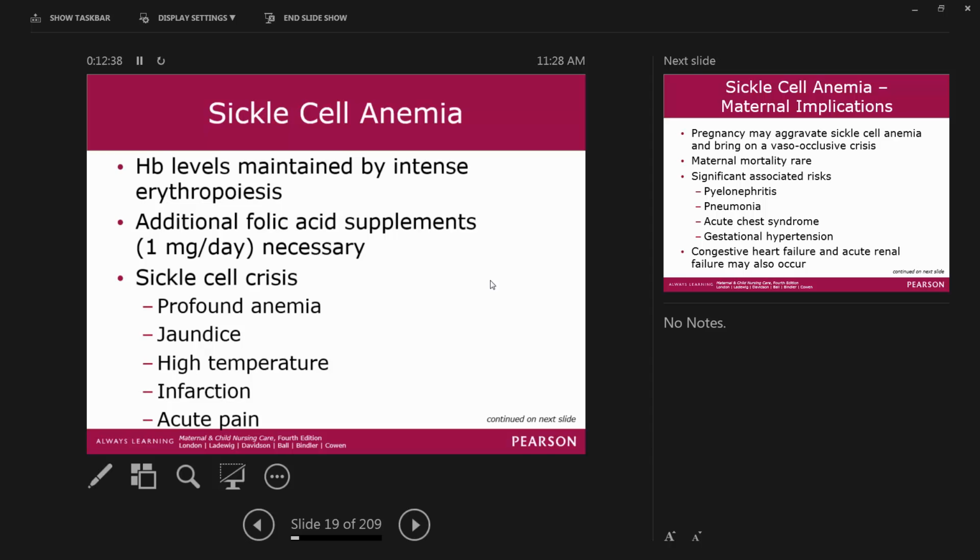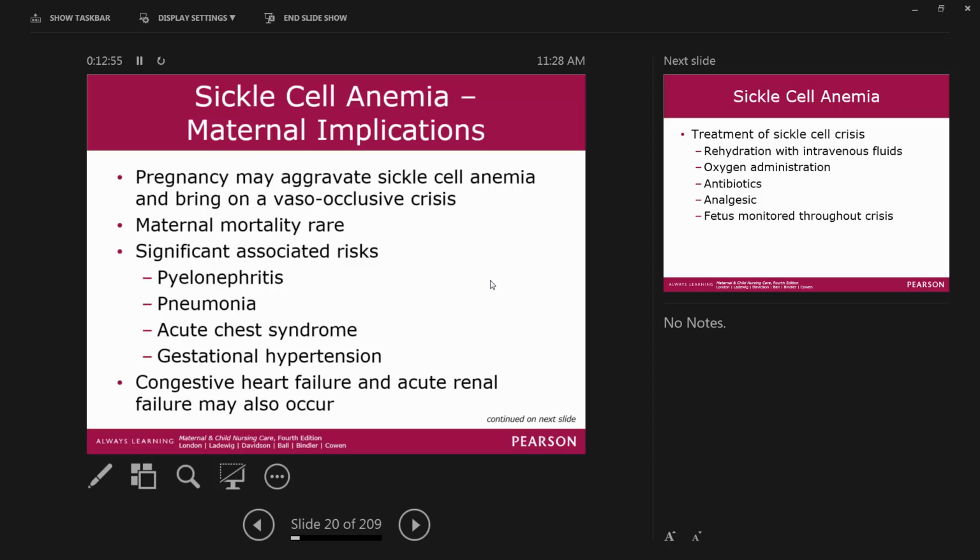They get folic acid supplements, and depending on whether they have a sickle cell crisis, they may need to be hospitalized and given transfusions. Pregnancy can aggravate a sickle cell crisis, and she could go into congestive heart failure or acute renal failure because of the stress pregnancy puts on her underlying condition.